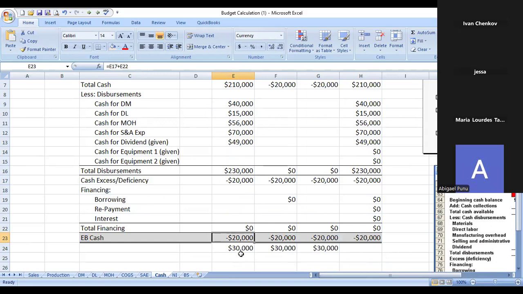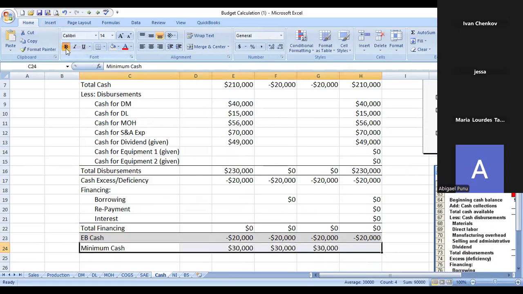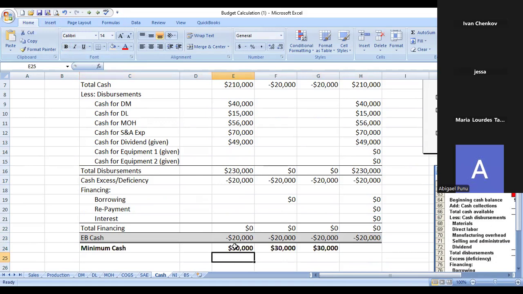We want a minimum cash of $30,000. So that means we have to borrow. How much do we need to borrow in order to bring our current cash to $30,000?